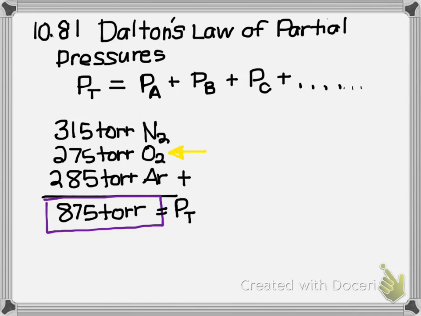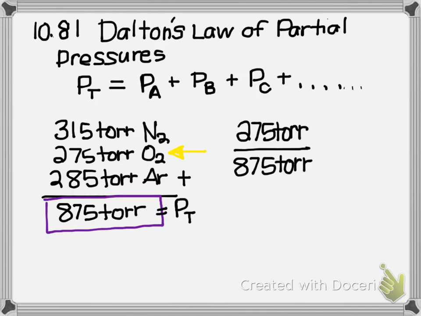We would take the partial pressure of oxygen, which is 275 torr, divided by the total pressure of the whole sample, and that would give us a fraction of 0.314. So this is the mole fraction of oxygen.